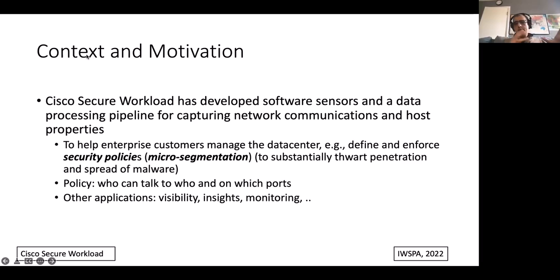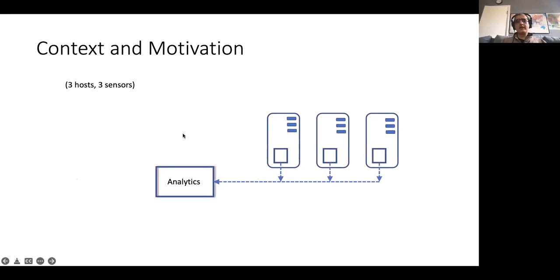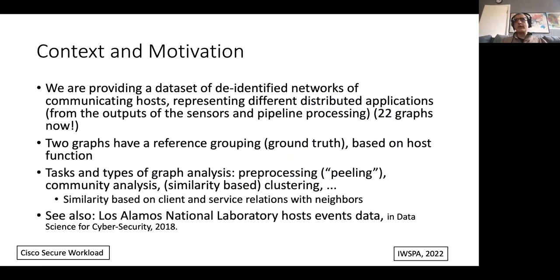Then our pipelines munch the data and finally present it to the user. So let's say if you have 3 hosts and 3 sensors, our analytics engine extracts a graph of the communications, and that's what we're going to talk about, and then presents it to the user. Applications are monitoring and visibility into what's happening in your data center.